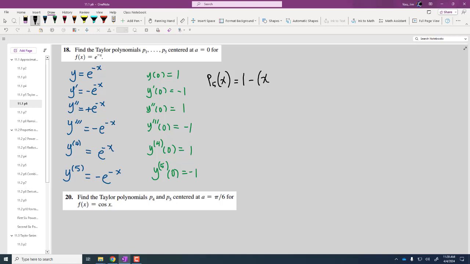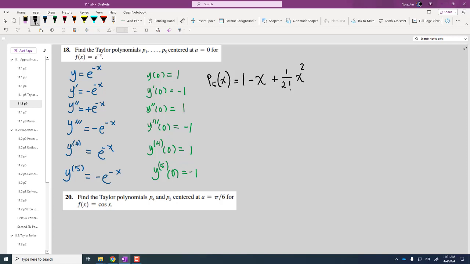Oh, no shift. It's centered at 0. So we don't have to shift the x. So there's the tangent line. There's P sub 1. Now we go to concavity. There's concavity divided by 2 factorial times x to whatever the power is.